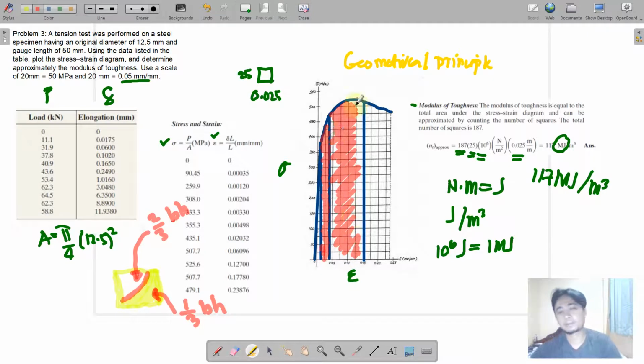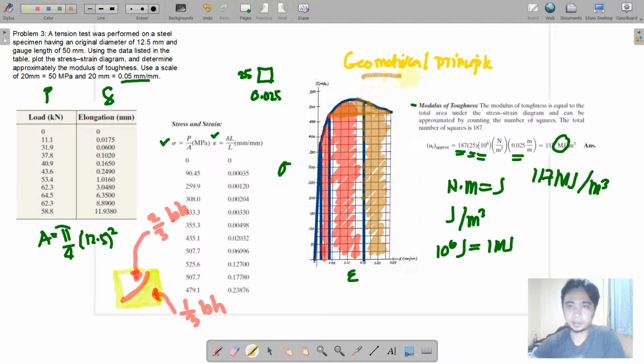You can use 2/3 base times height, or you can actually subdivide that into a rectangle and a spandrel. And then finally you could divide this into a spandrel equivalent to 2/3 of the area times the remaining rectangle here. So until you complete the total area bounded by the curve below.